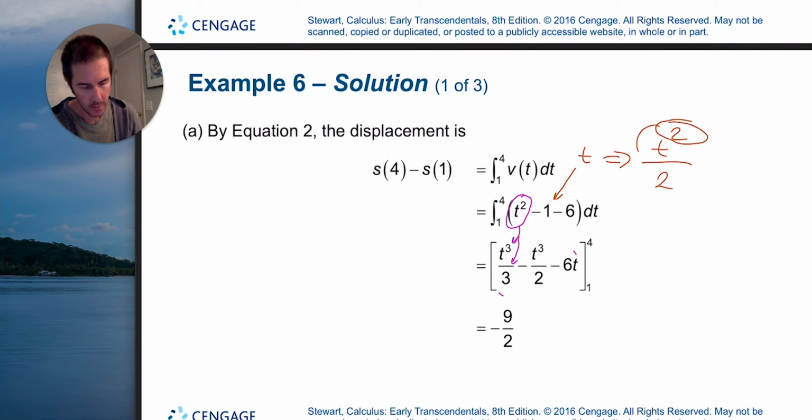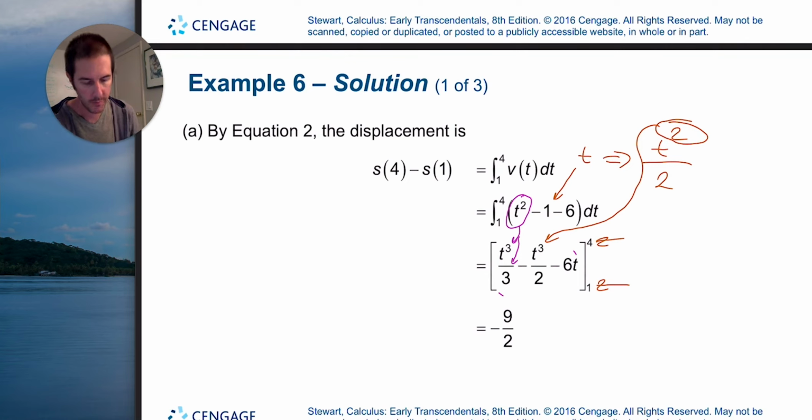So this exponent should have a 2 there, so that should say t squared over 2. And the last one, he got that one right. That is minus 6t.